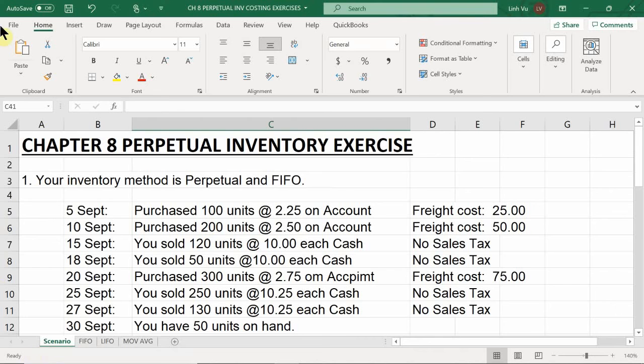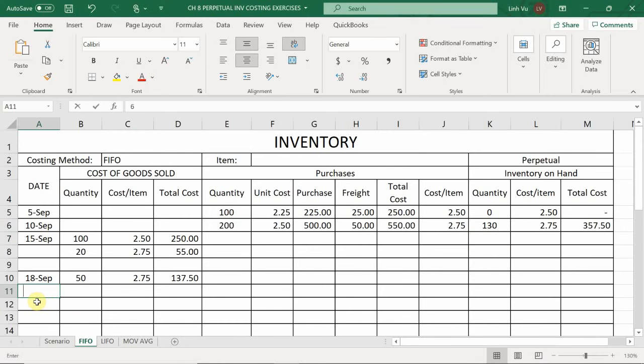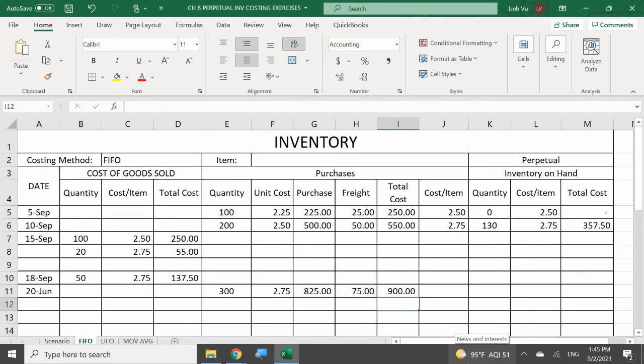Then on September 20th, we end up purchasing an additional 300 units at $2.75 with the freight costing $75. So let's plug that in on September 20th. We purchased 300 units with a freight of $75. So we have 825 plus the 75 to give us 900.